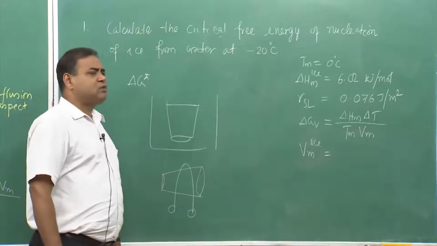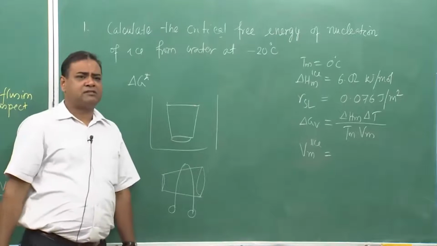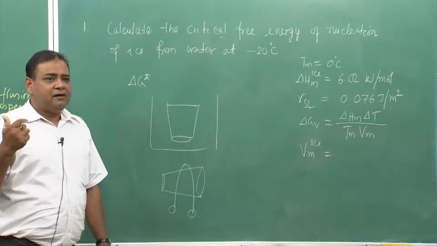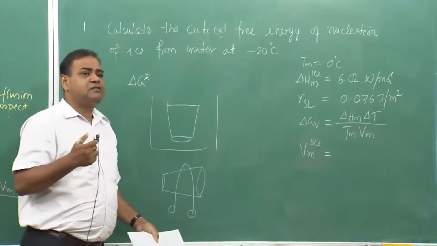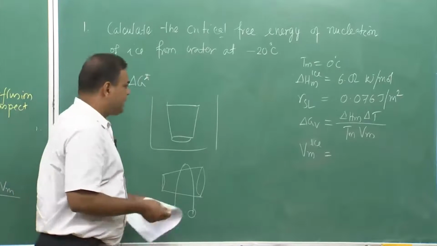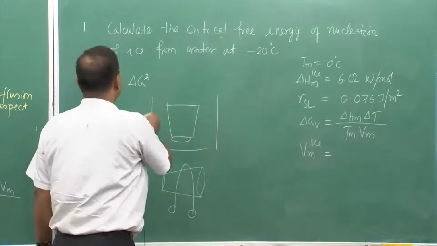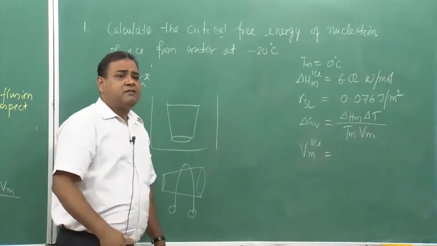We call it the Clausius-Clapeyron effect, but we will not consider it right now. When we talk about heat treatment, it might come across. Right now we are not considering it, because our basic assumption was that liquid to solid transformation does not have any volume change.